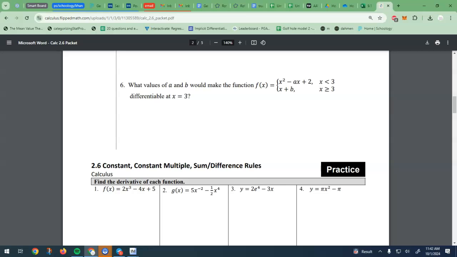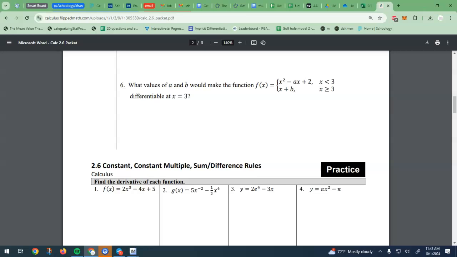Now let's set the derivatives equal. So the derivative of the top part is 2x minus a, because that's the constant in front of the x. And then the 2 here, the derivative goes away because that's just a constant.